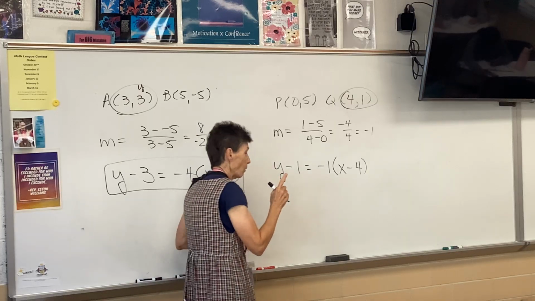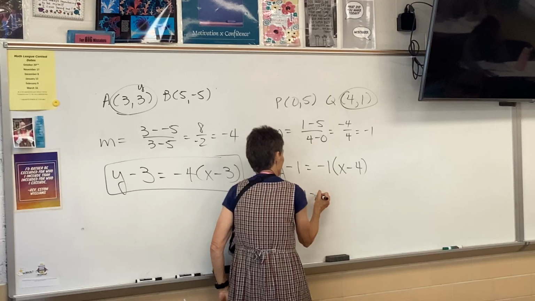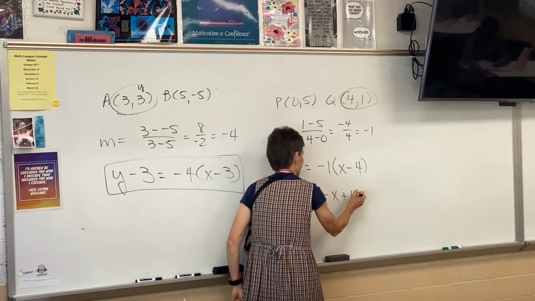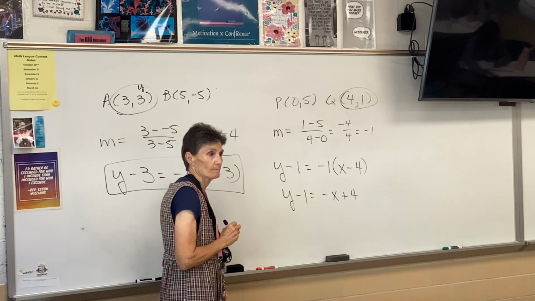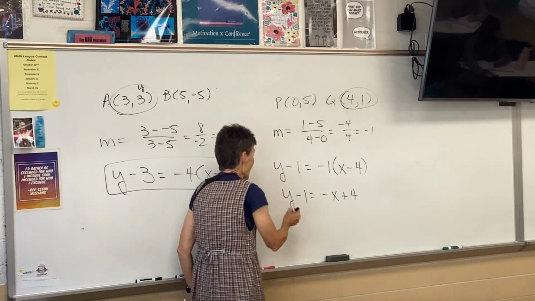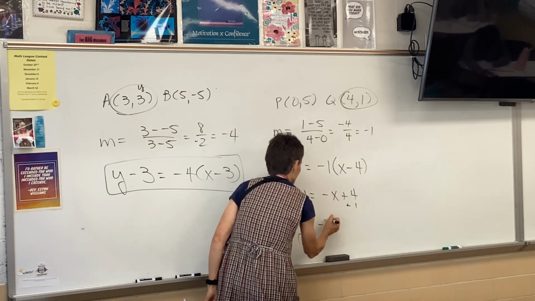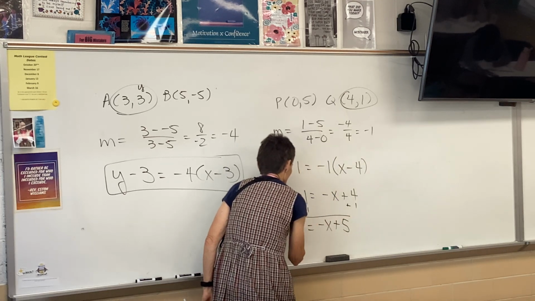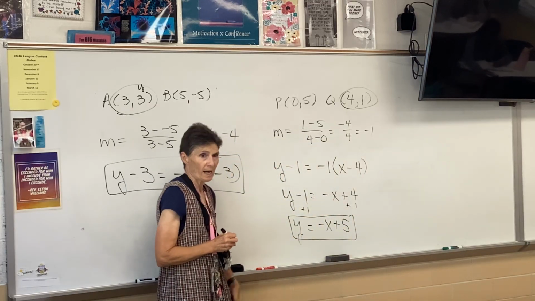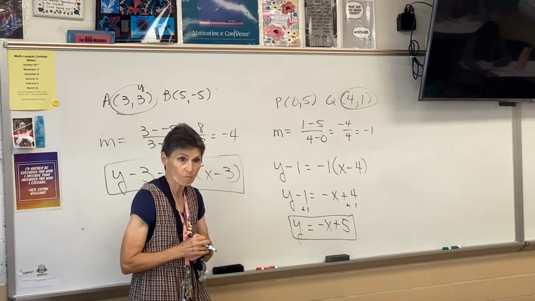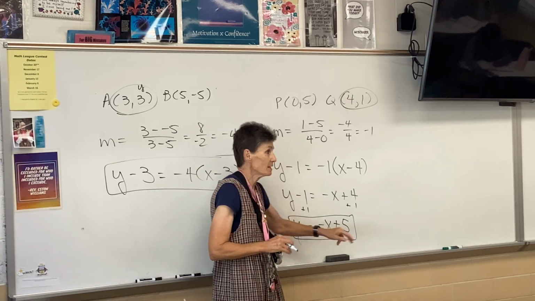So now, we're going to distribute and add 1, and we are done. If you want your line to be in slope-intercept form, that's y equals mx plus b.